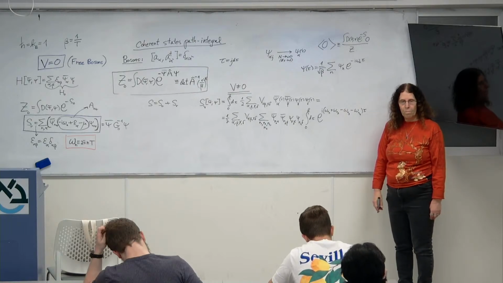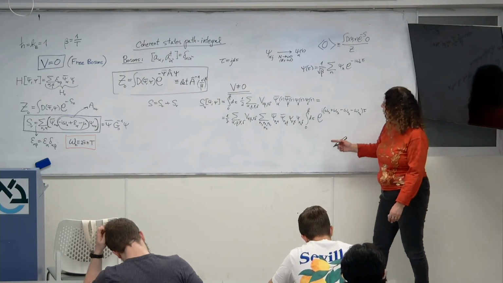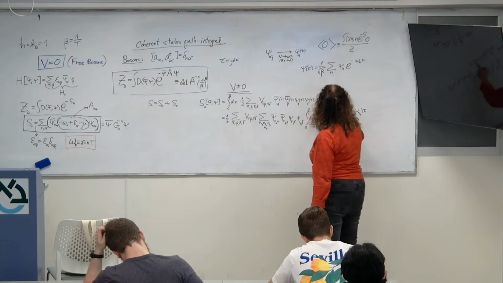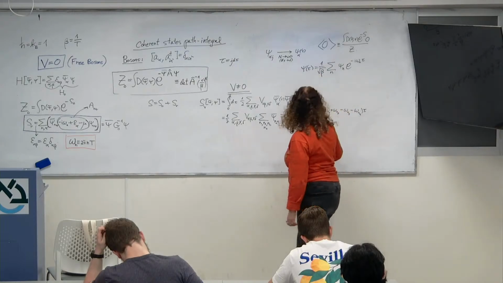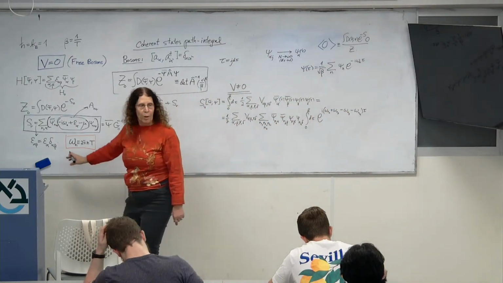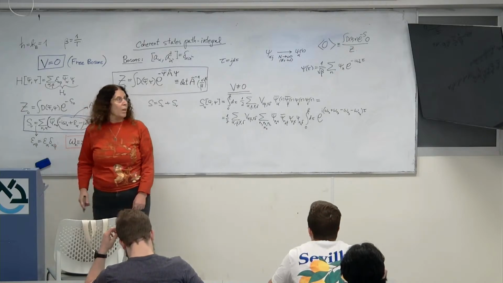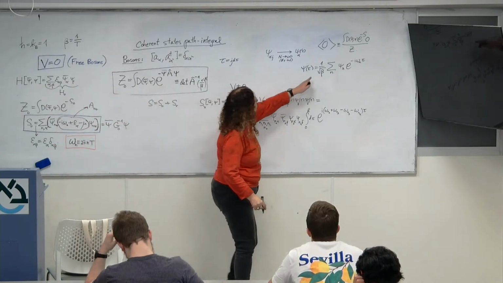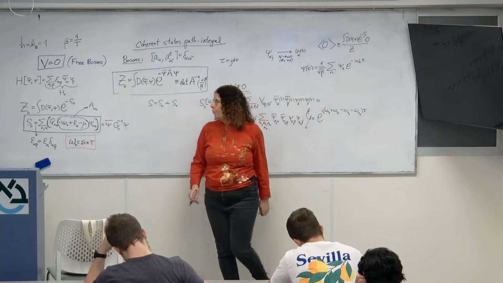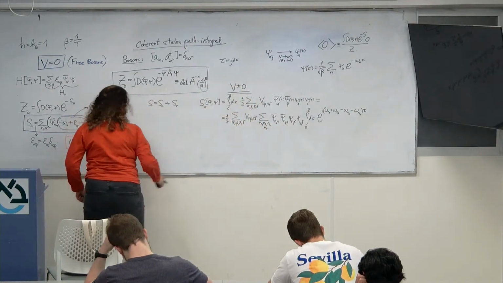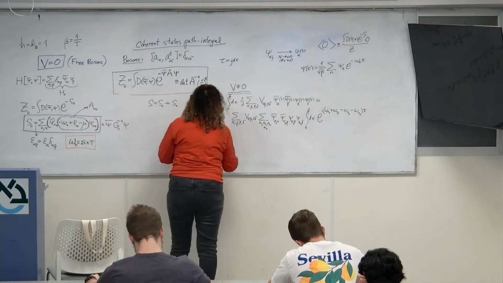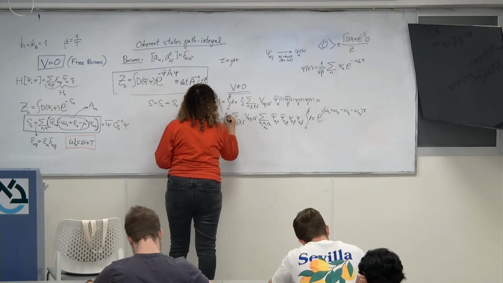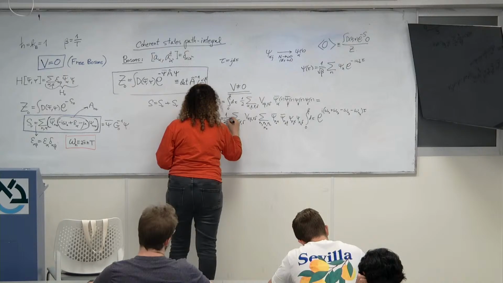And I forgot a factor of 1 over beta squared, because I have square root of beta for each of the four fields. So this is actually 1 over 2 beta squared.